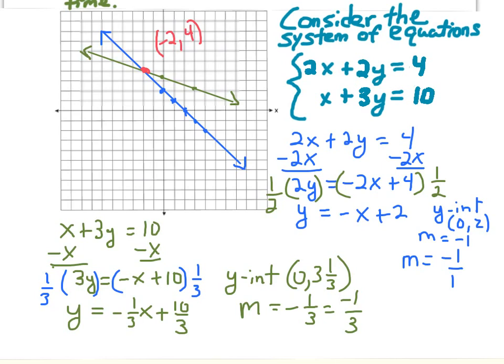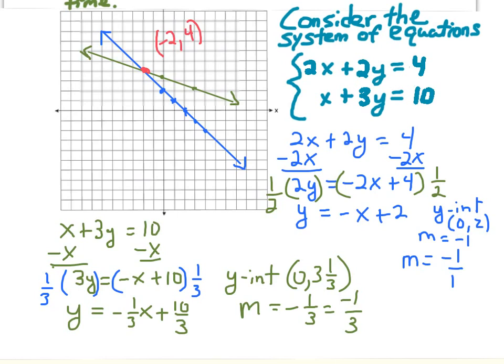Remember, all the points on this line will be solutions to this equation, and all the points on this line will be solutions to this equation, but the one they have in common is -2, 4.